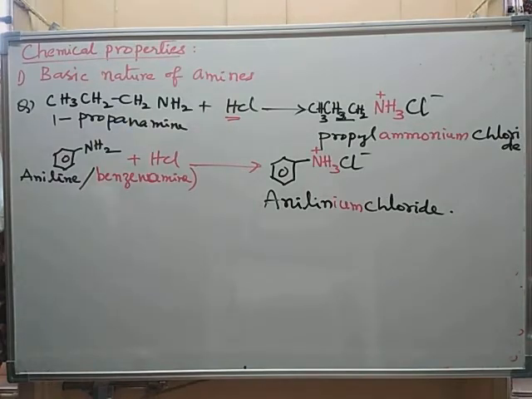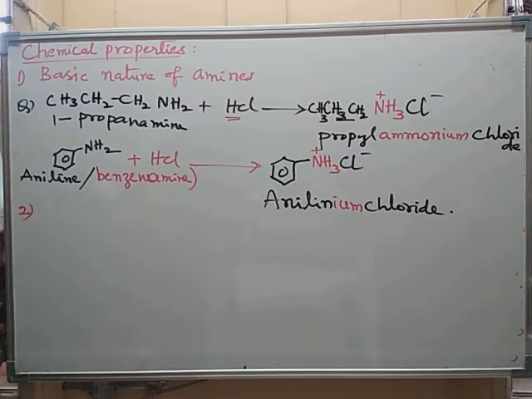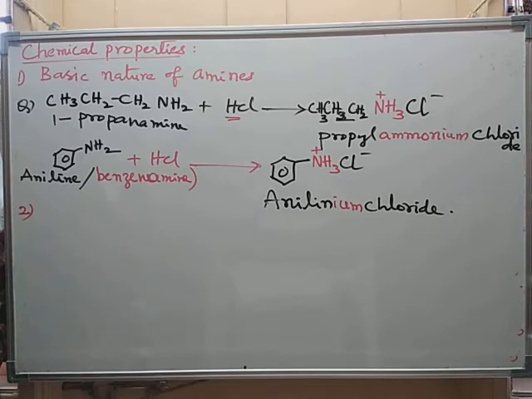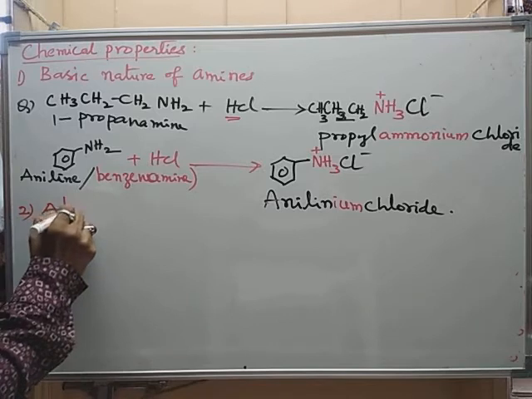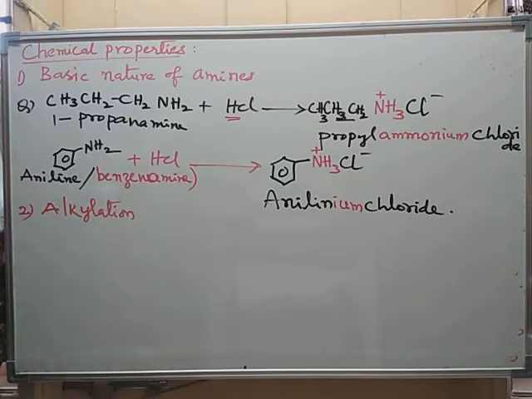Now take another reaction, which we already met at the time of the preparation methods. What is that one, dear students? Alkylation. Addition or substitution of an alkyl group, introducing an alkyl group into a substance, is called alkylation. The explanation happened when we discussed the Hoffmann ammonolysis reaction, so details will not be given at this stage.